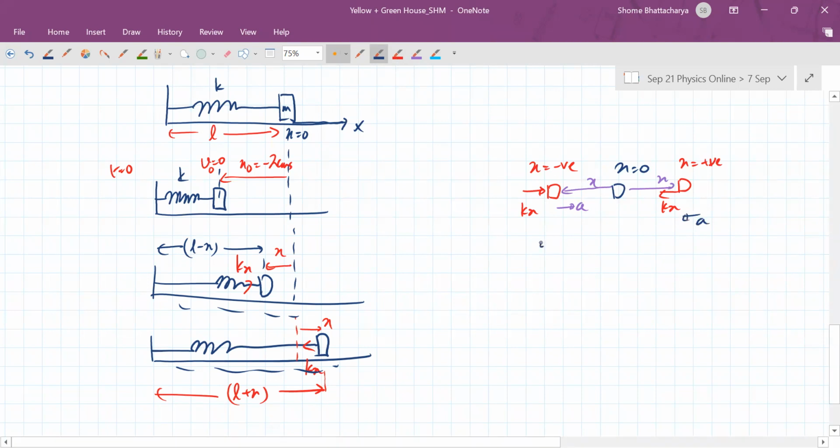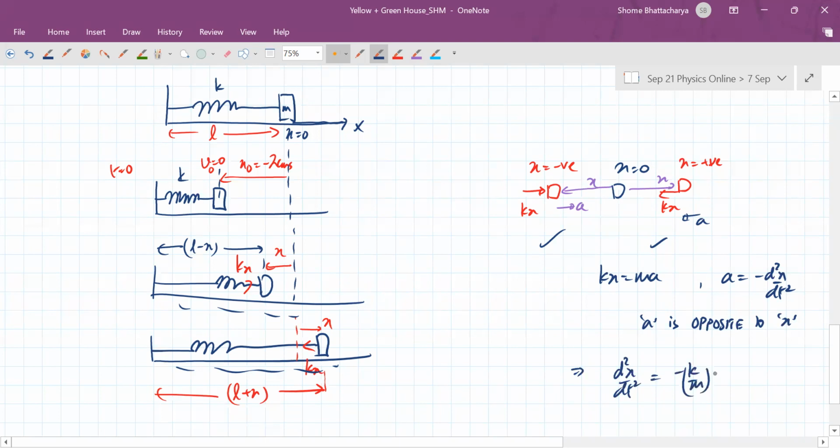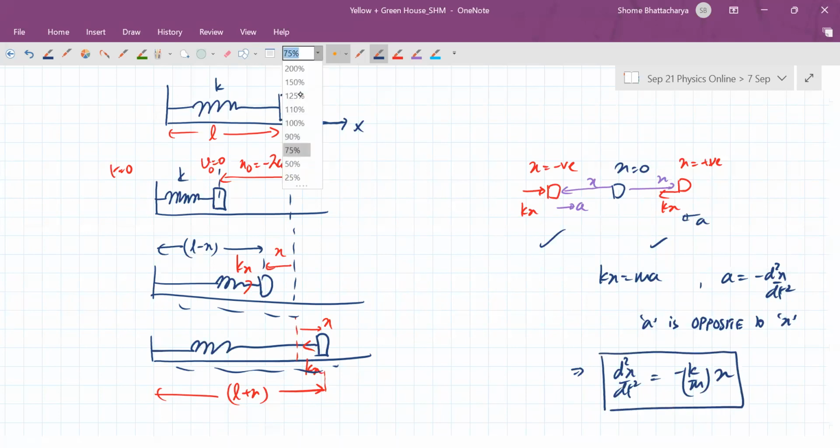Whether you look at this FBD or this FBD, you can see that kx is equal to ma, and a is minus d2x by dt square because a is opposite to the direction of x. So we have the equation d2x by dt square is equal to minus k by m x. So we have the dynamical condition for SHM.